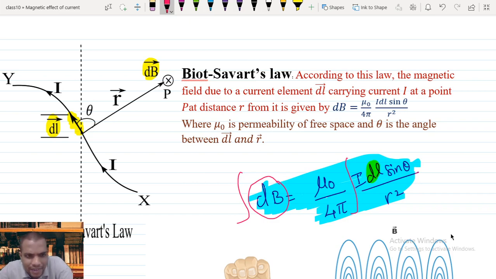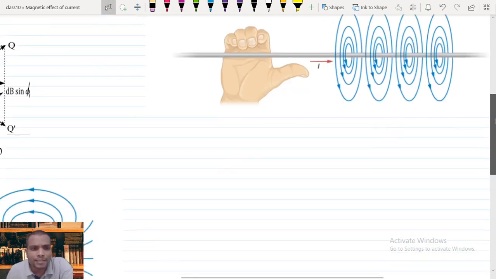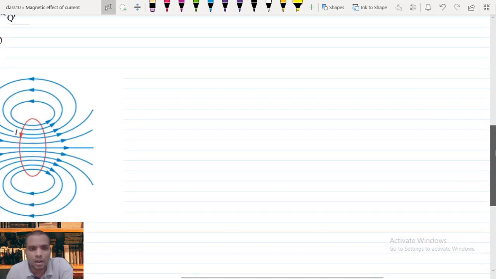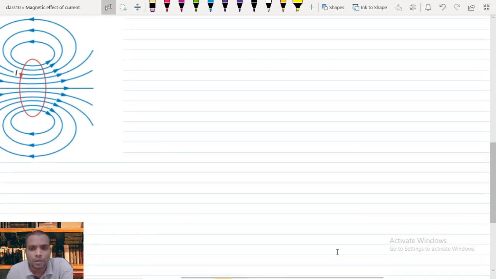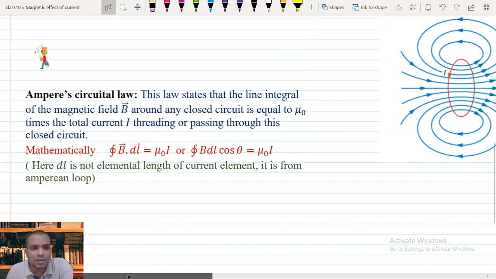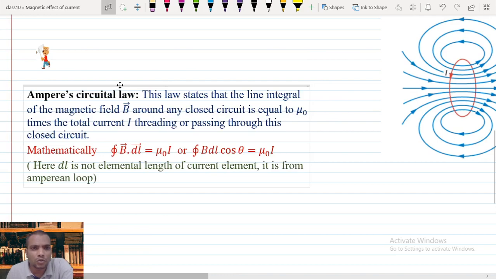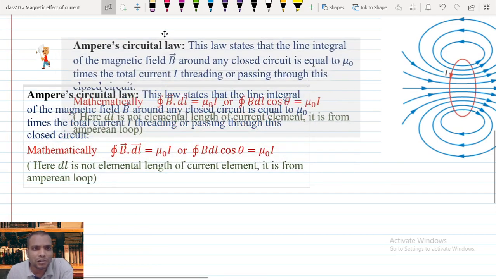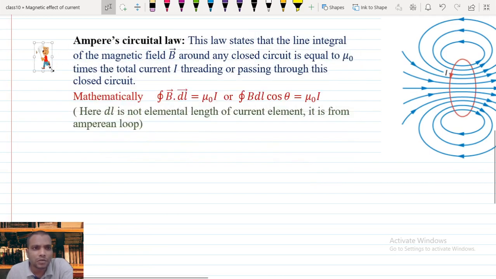Maybe it's a straight wire or some other. So we will get a very important, very useful law which is known as Ampere's Circuital Law. Ampere's Circuital Law is very handy to find the magnitude of the magnetic field due to a current carrying element.